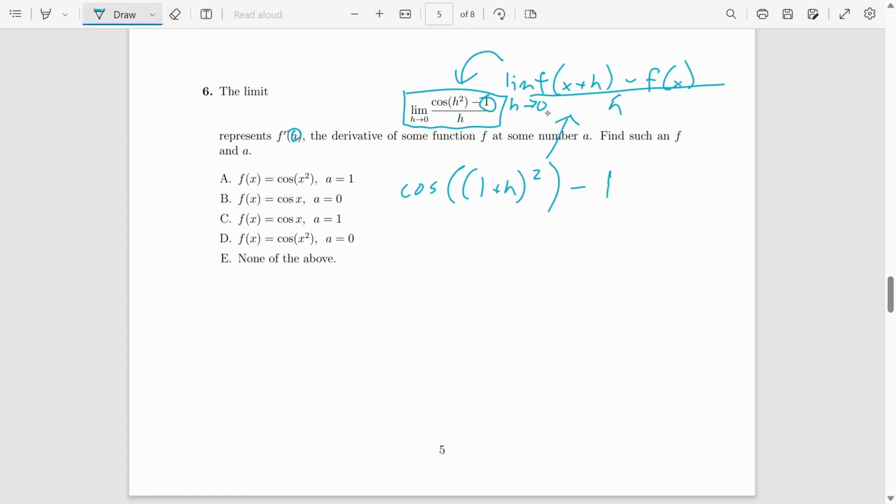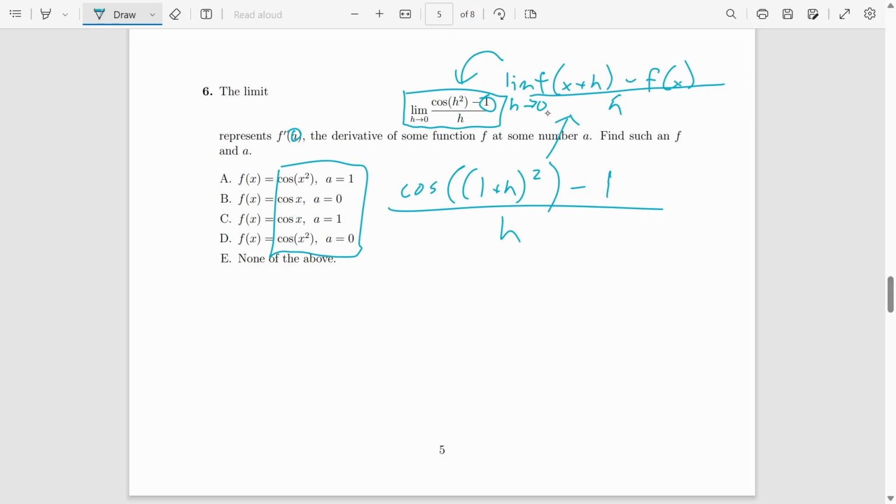That's what I was saying earlier, where all of these functions and a values will yield 1, so we kind of know we're on the right track. And then all over h, I'll include it for now.